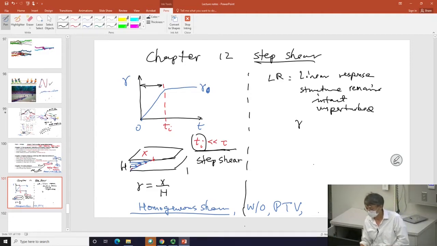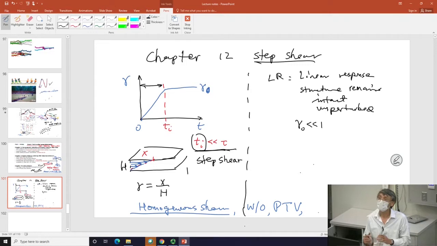Okay? So if you don't know your answer, of course you will say, oh, let gamma be, let's say 1%. That's definitely, it sounds small. But of course, this all depends. For your entangled melt, 1%, even 10% is fine.